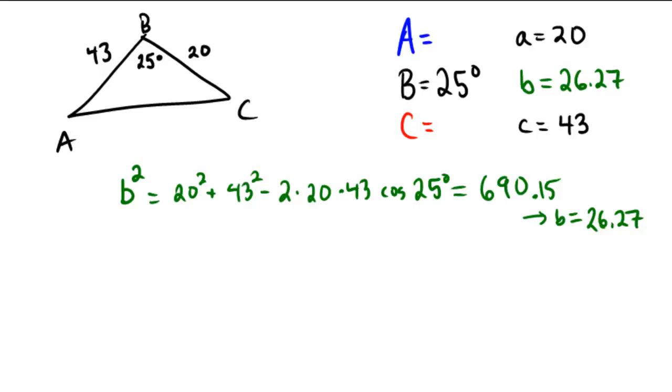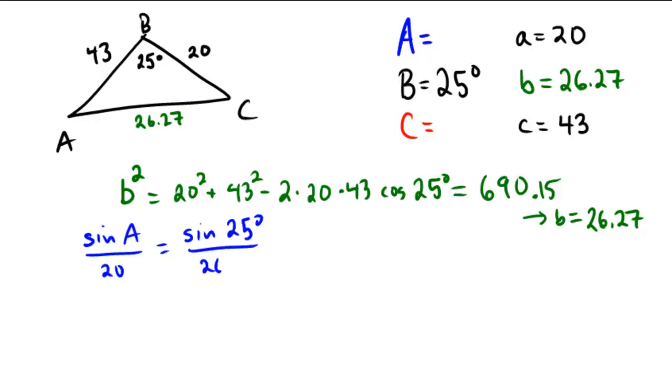Now for the angles. Again, let's go with the small angle, so we'll go for angle A. Now that we have side B as 26.27, we can set up for angle A, which is the smaller one. We get sine of angle A over 20 equals sine of angle B, which is 25 degrees, over 26.27.